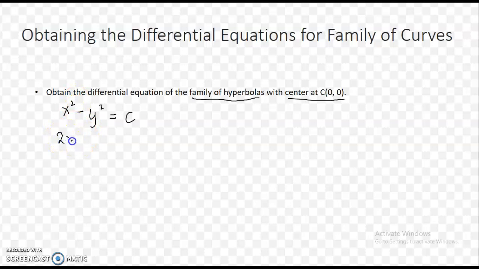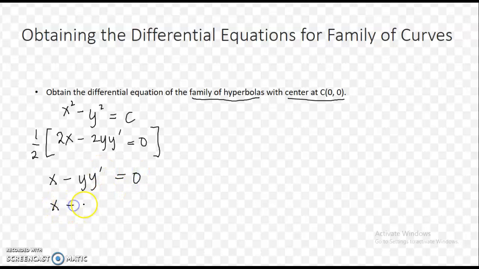Differentiate, we have 2x minus 2y y prime equal to 0. Divide both members by 2. We have x minus y y prime equal to 0. You have x minus y dy over dx equal to 0. We have x dx minus y dy equal to 0.